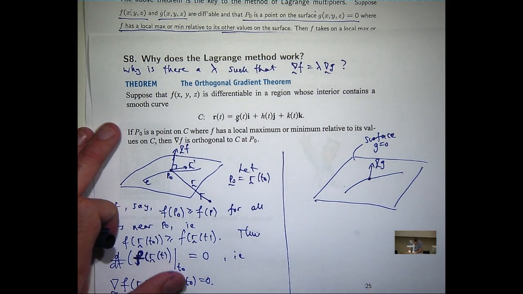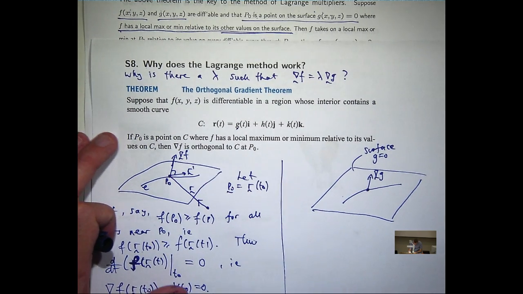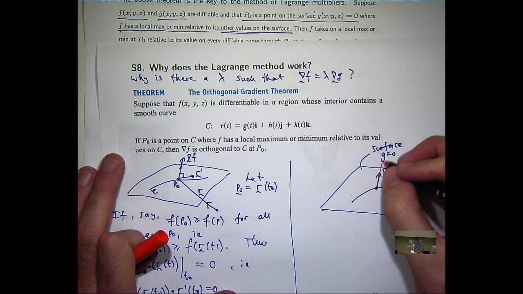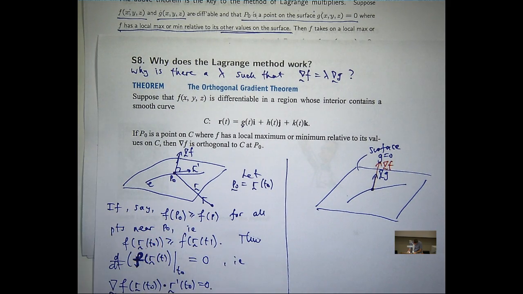So that means, from this theorem, grad f is going to be also normal to this surface. So if grad f's normal to the surface and grad g's normal to the surface, they've got to be a multiple of each other. They might not point the same way. In my picture, they're pointing the same way. They might point different ways. Okay?